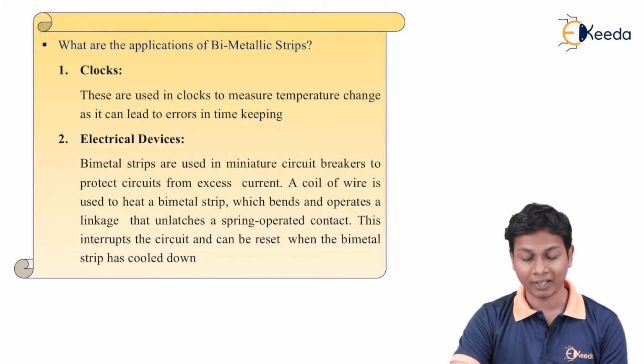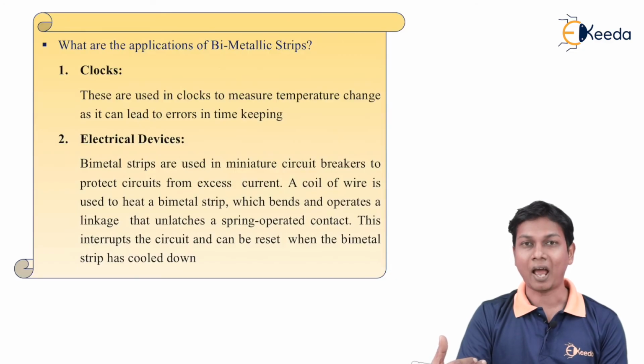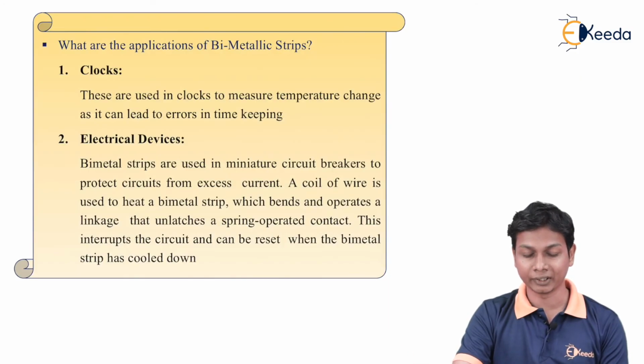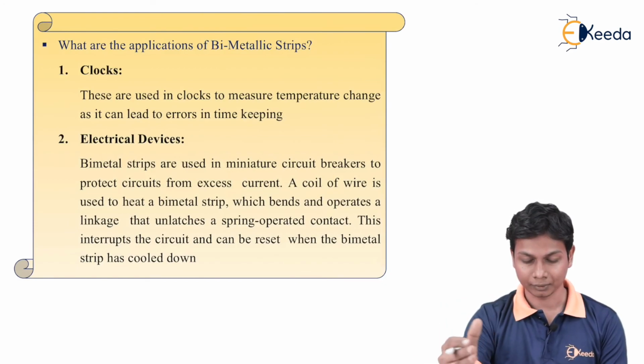How is a coil of wire used? There, a coil of wire is used to heat the bimetal strip, which bends and operates a linkage, and that unlatches a spring operated contact. A spring operated contact is continuously in contact from one side to another. As excess current flows through it, the temperature increases, that is sensed by the bimetallic strip, and the contact has to be cut.